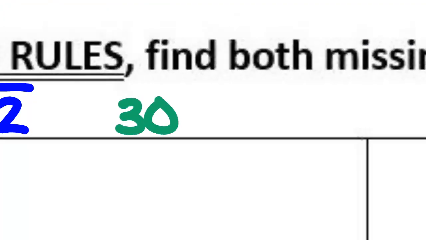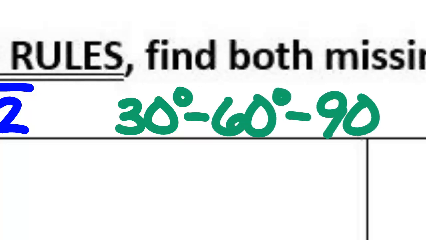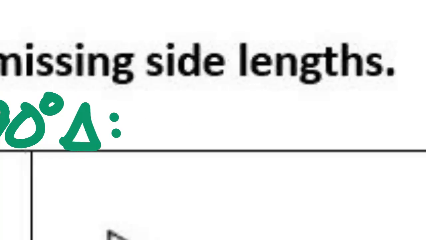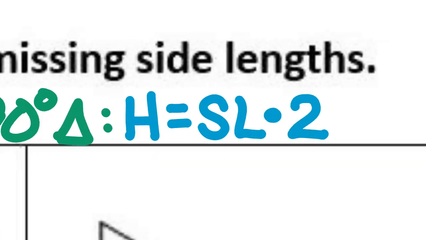And then we have our 30, 60, 90 special right triangle. There are 2 rules that we need to learn for this one. One for the hypotenuse and one for the long leg. Hypotenuse is equal to the short leg times 2.